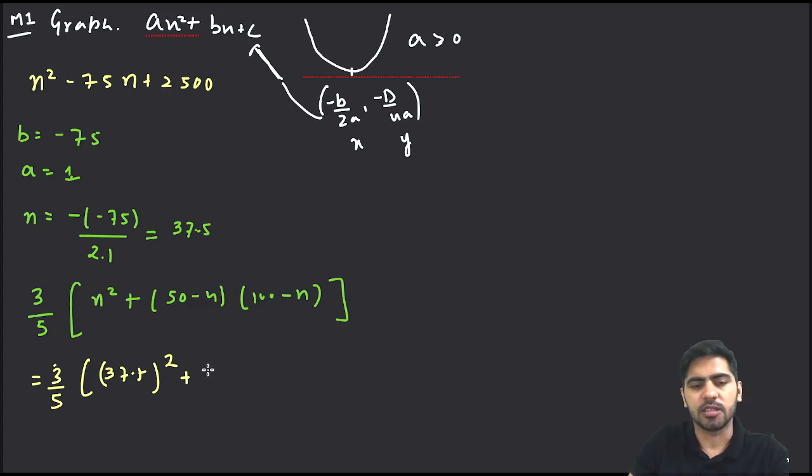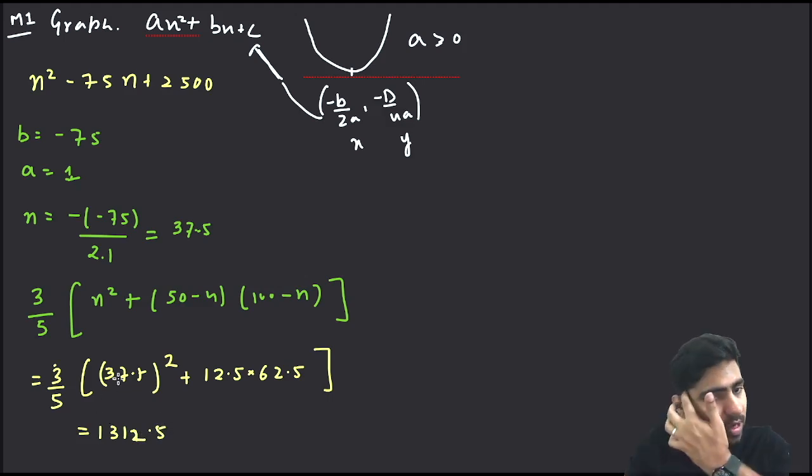So 50 minus 37.5 is 12.5, right? And 100 minus 37.5 is nothing but 62.5, right? So these are my given values. So on solving this, you'll get the minimum profit, which comes out to be nothing but 1312.5, right?